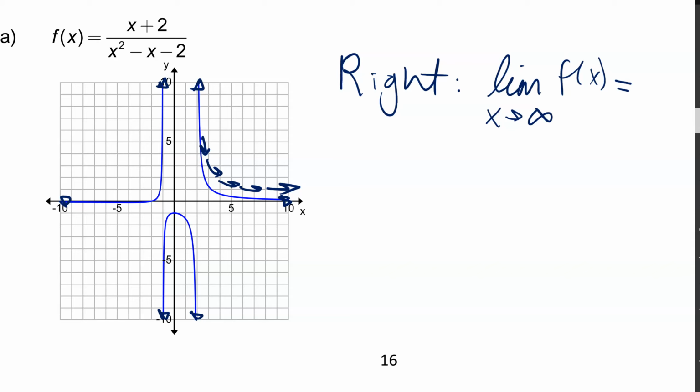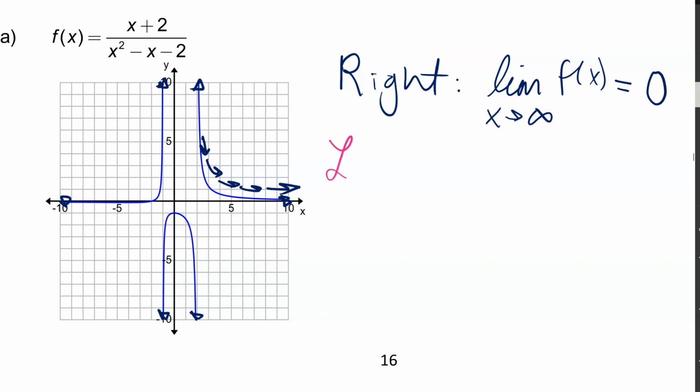As x gets bigger and bigger, what is the y approaching? Yes, 0. So as we go farther right on our graph, we're looking at what's happening to y. Remember limits, we're always guessing what the y would be. So our right end behavior, we're guessing what the y would be at the very, very end of our graph.